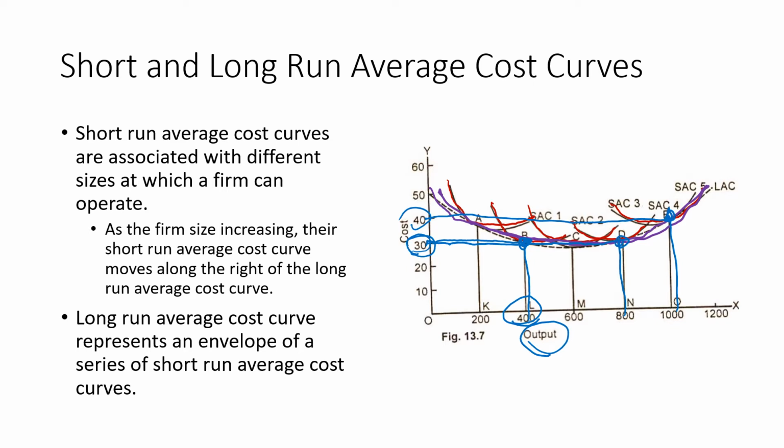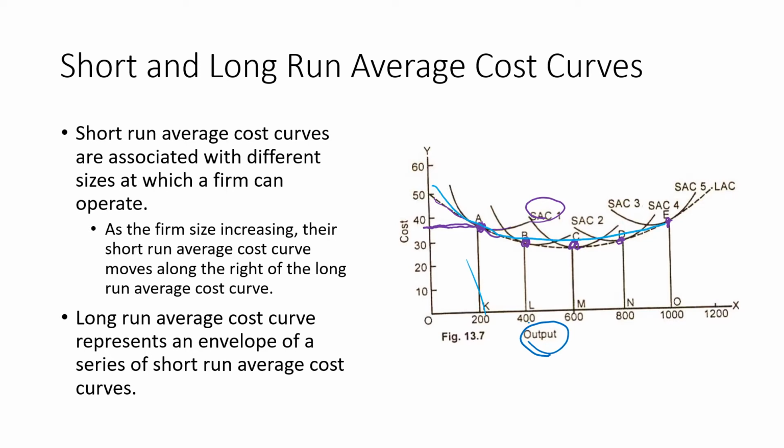So the long run average cost curve envelopes all the short run cost curves, and it envelopes them at their lowest costs of production. So the lowest point of production for number one here is right here at about 47, and that's where the long run average cost curve meets the short run average cost curve for that first firm. So we have all of the lowest points of each of these, and then the long run average cost curve envelopes all of those.